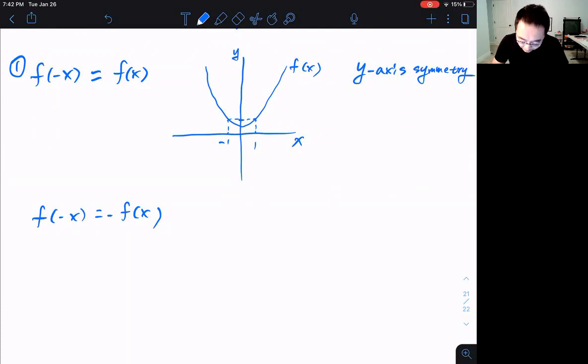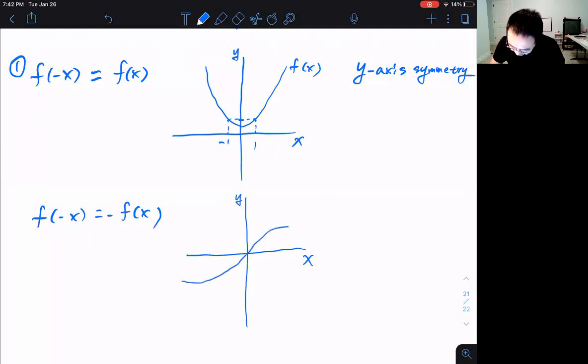If f of negative x equals negative of f of x, then you have what's called origin symmetry. Origin symmetry would be something like this. Let's say x and y, something like this.